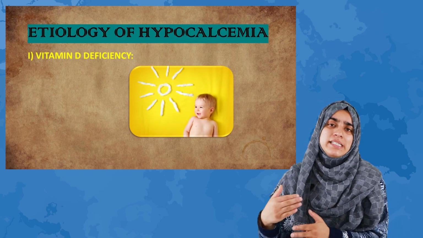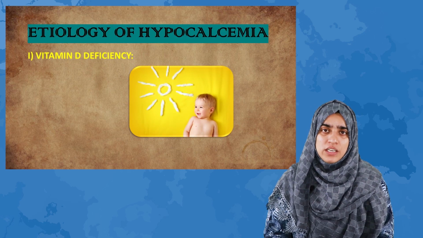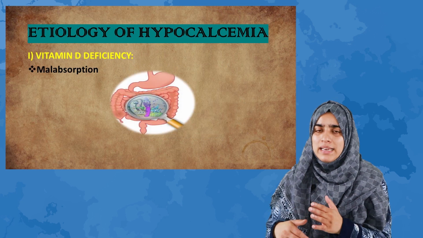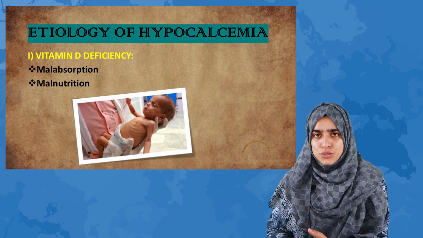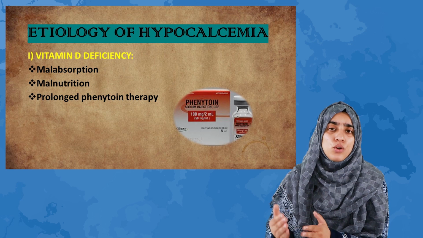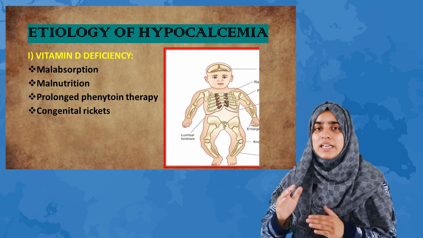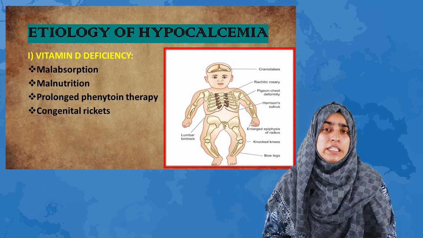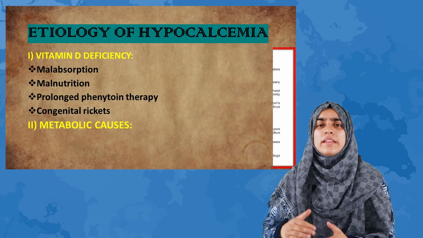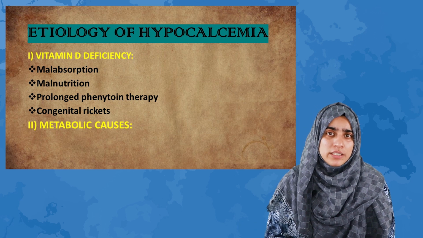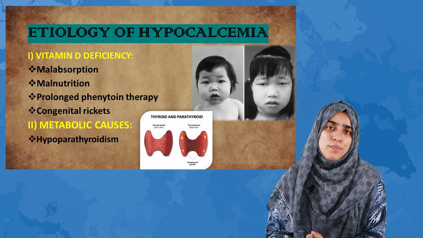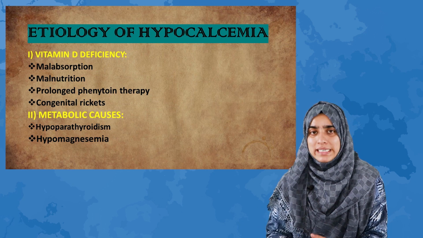First may be seen vitamin D deficiency, which may occur due to malabsorption, malnutrition, prolonged phenytoin therapy, or congenital rickets. These may lead to vitamin deficiency. The next cause can be metabolic causes, for example hypoparathyroidism, hypomagnesemia.